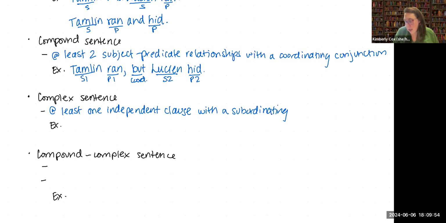And that subordinating conjunction is going to establish a secondary subject-predicate relationship, but one that creates dependency.